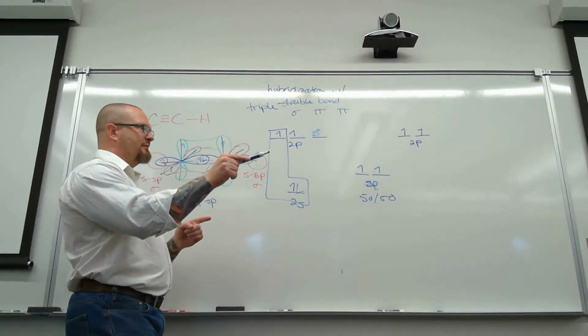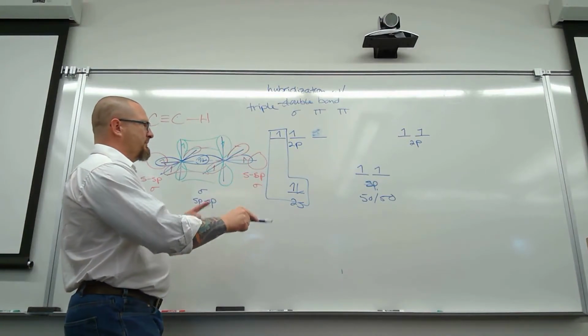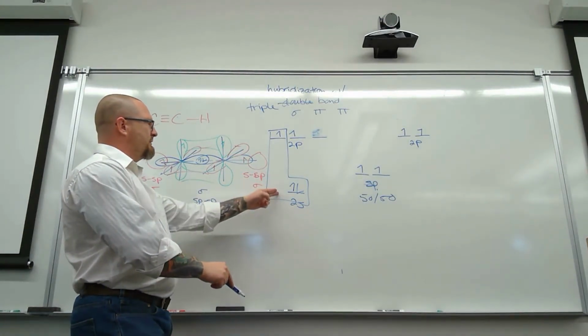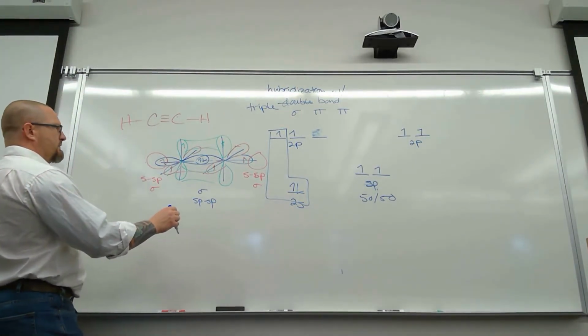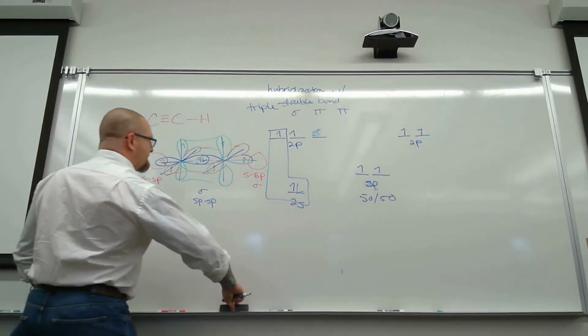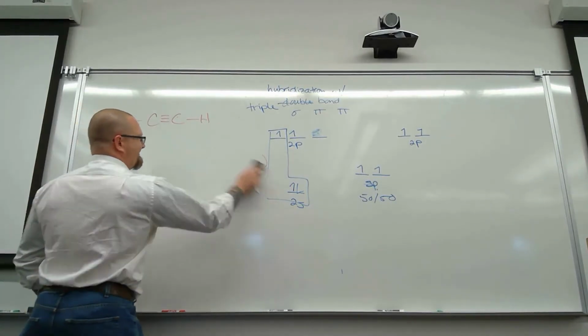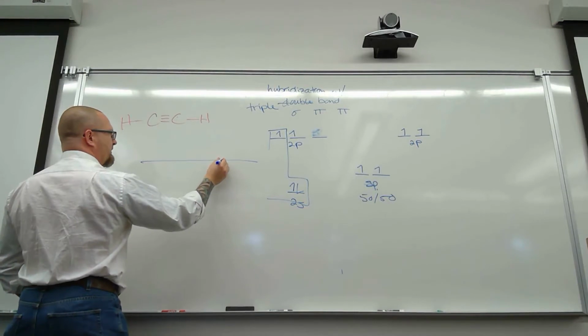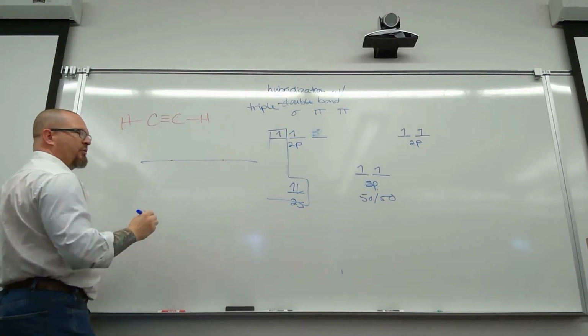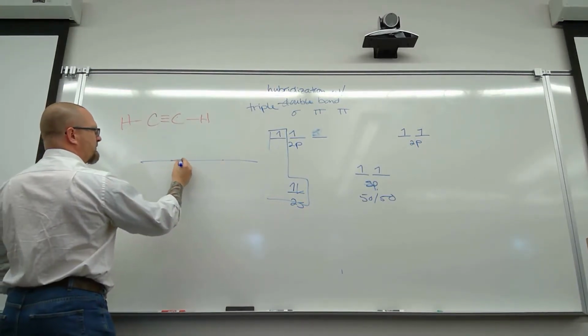Just go through which orbitals are which again in that drawing. So the first bond is going to be formed through the hybrid orbitals, which is linear.